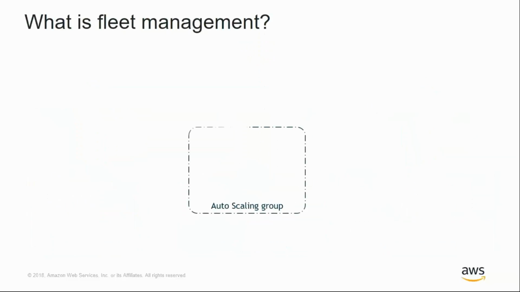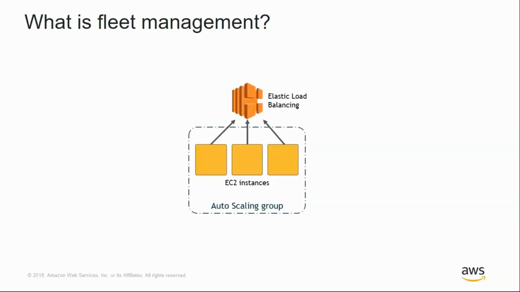So what is fleet management? Suppose you have a website hosted on 3 instances and one of the instances goes unhealthy. This is going to affect the availability of your website. You can detect this either through the Elastic Load Balancer health checks or EC2 health checks. If such a situation occurs, you may have to manually replace the unhealthy EC2 instance with a new one.